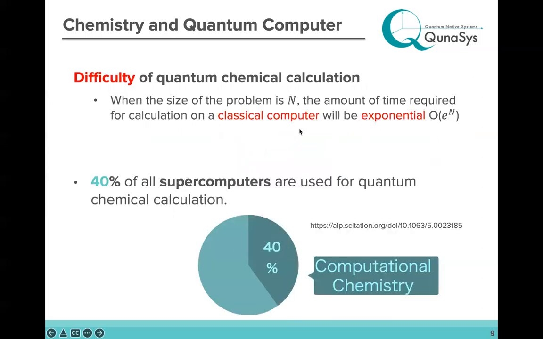Next is the difficulty of quantum chemical calculations. It is well known that when the size of the problem is n, the amount of time required for calculation on the classical computer will be exponential, like this. In fact, 40% of all supercomputers are used for quantum chemical calculations, like this figure.